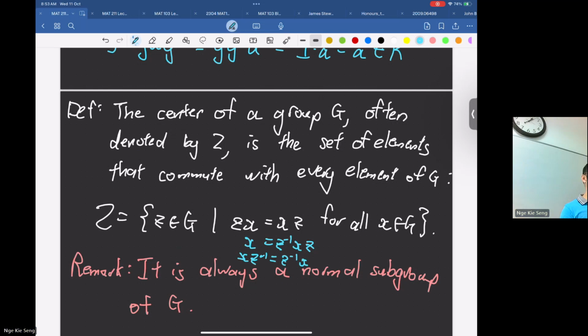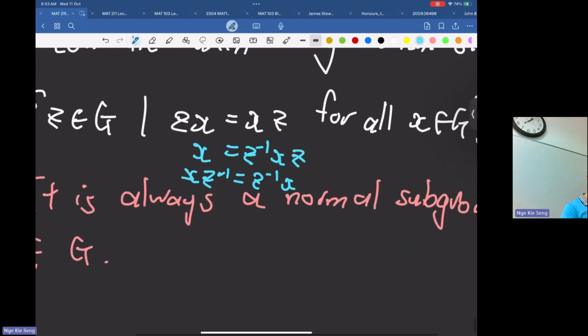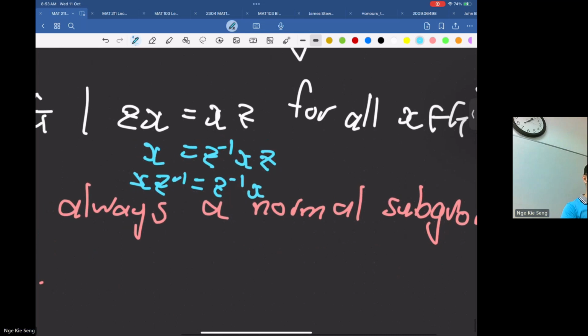So z inverse also commutes. So the inverse is also in there, and so it's a subgroup.